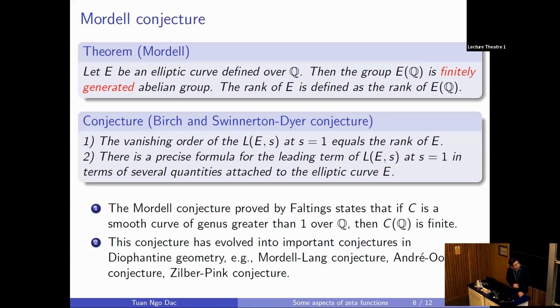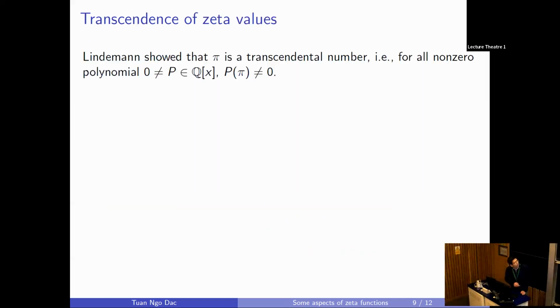And now I would like to talk a little bit about what I'm working on. It concerns the transcendence of zeta values. By the work of Lindemann, we know that pi is a transcendental number.